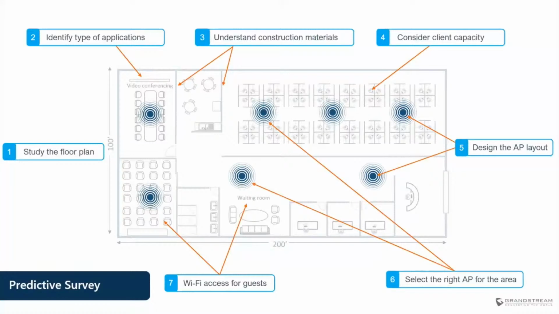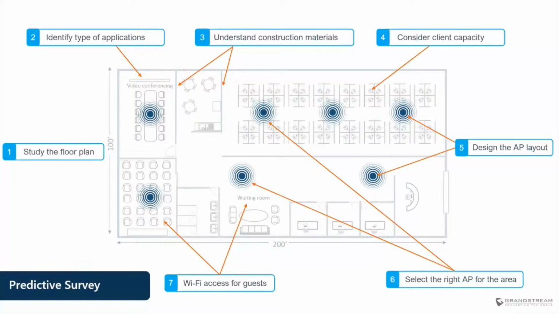Next is to design the access point layout, where the installer should know where to place the units and the number of access points in the deployment. This is to ensure that capacity and coverage are met. Number six is selecting the right access point for the area, usually based on the capacity and speed requirements of the wireless network.